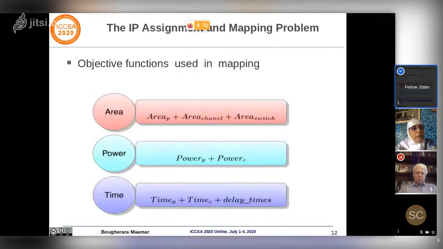Mamar, the slides are not showing. It's on the first network on chip slide. You have to advance the slides.